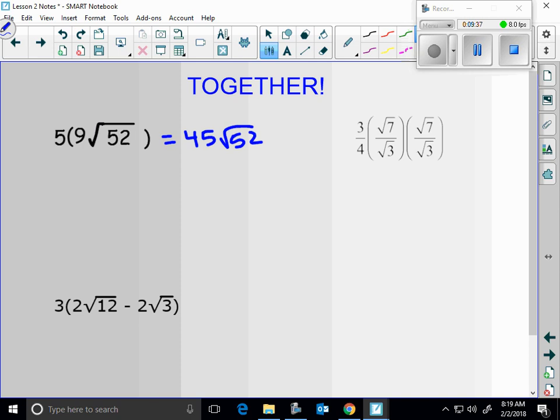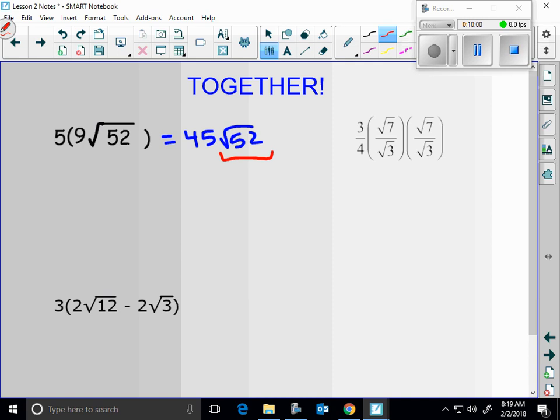You with me? Okay, now I have to analyze this and determine, is 52 a reduced radical? And the answer to that, I'm guessing you know, is no. It's not, right? What perfect square goes into 52? 4, yep.